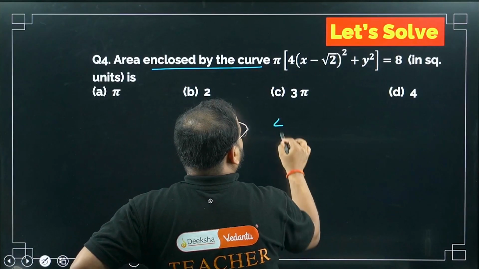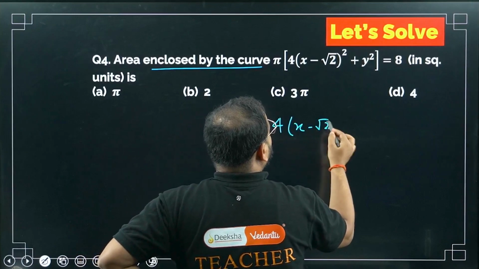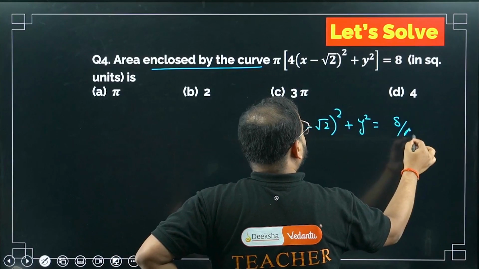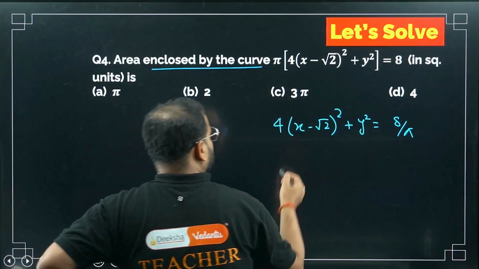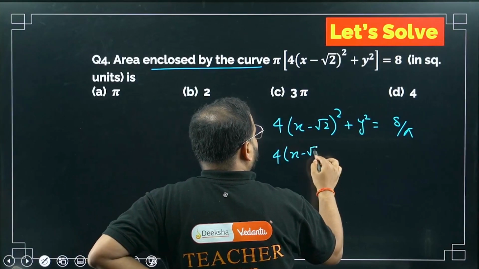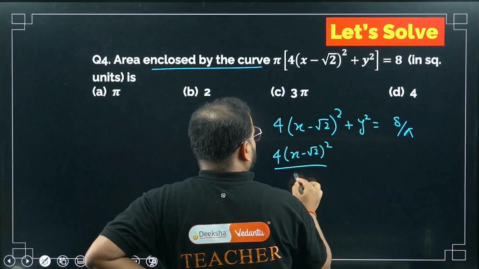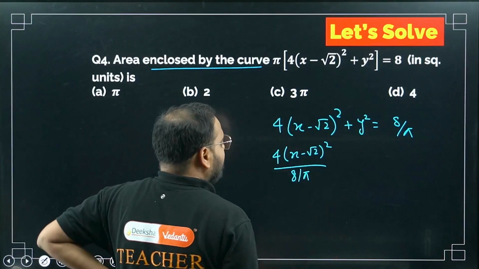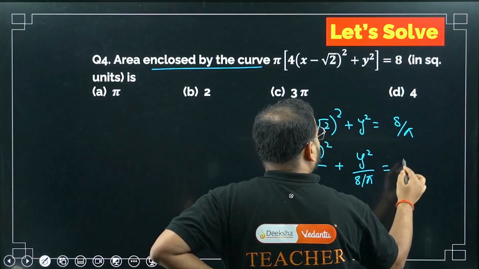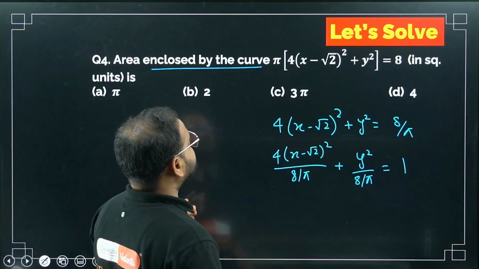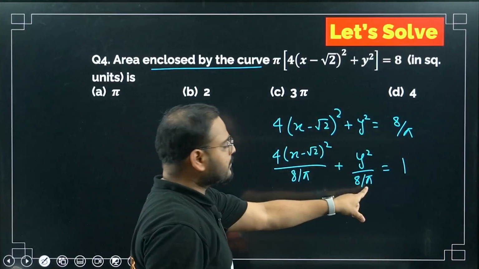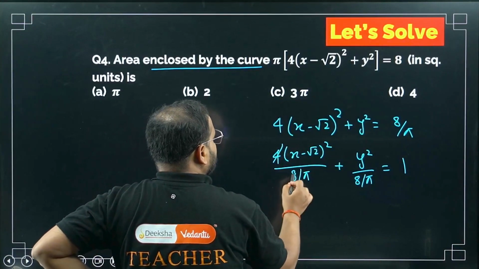I can write this as 4 times (x minus root 2) the whole square plus y square equals 8 by pi. I've taken pi on the other side. Now RHS has to be 1, so divide the whole thing by 8 by pi, since it is in multiplication. Cancel the 4.